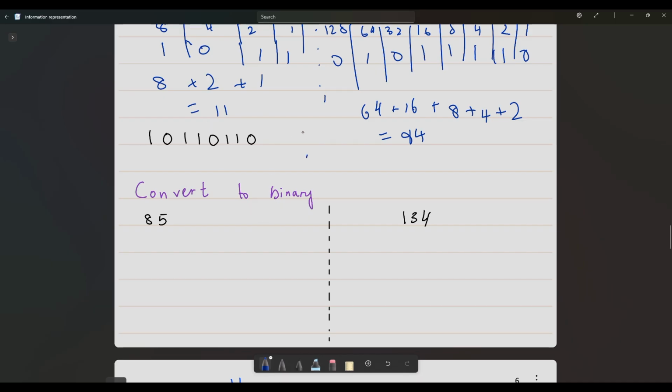So since it's a 4-bit system, what you can do is, let's say, the max denary number represented by a number of bits. So remember, we said for a 4-bit number, the maximum denary value we can represent is 15.